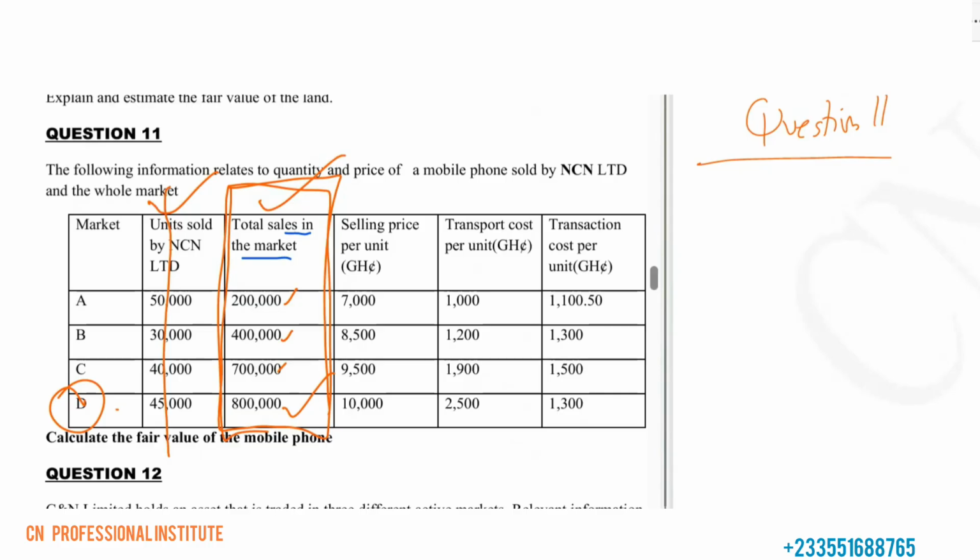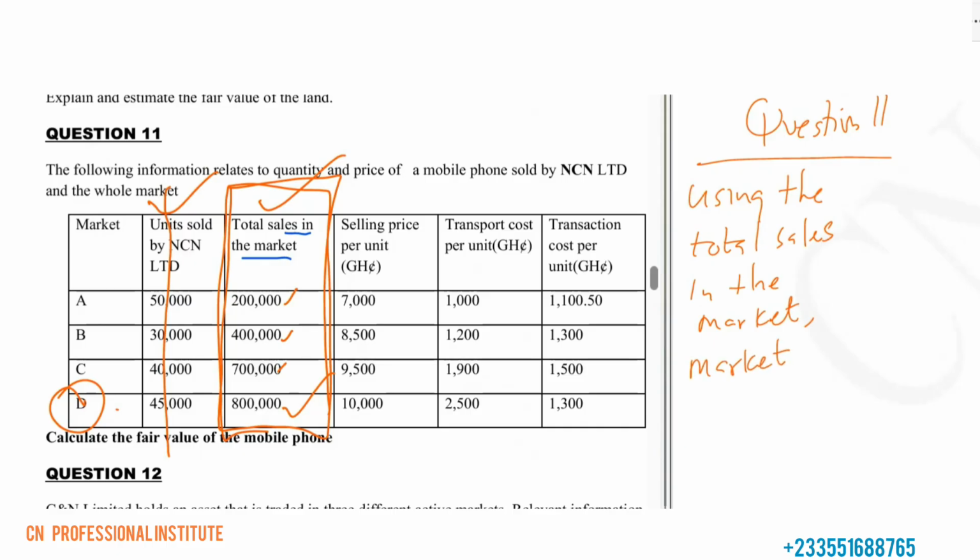So you can say, using the total sales in the market, market D is the principal market.